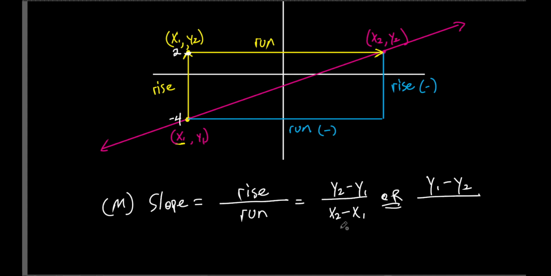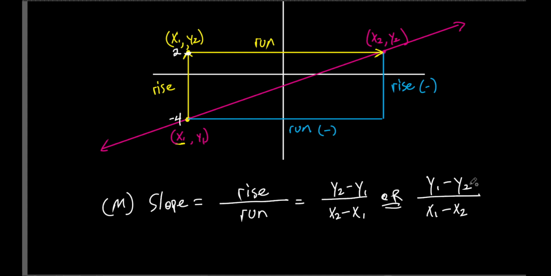If I switch the order of these, then I have to switch the order of these, okay? Because if I kept this x2 minus x1, it would change the sign of my fraction. So I could call it x1 minus x2. It doesn't matter which way you do it as long as you do them in the same order. That's super important. You hear me on that?